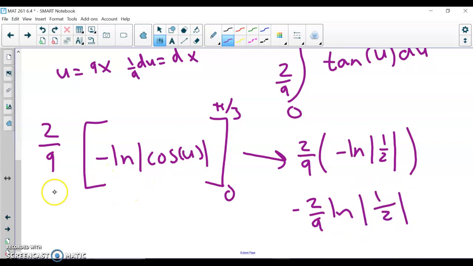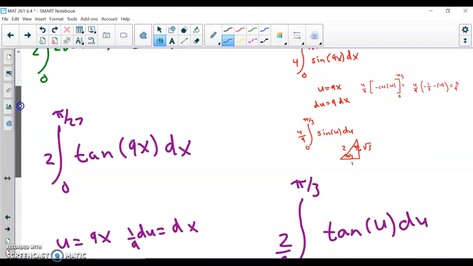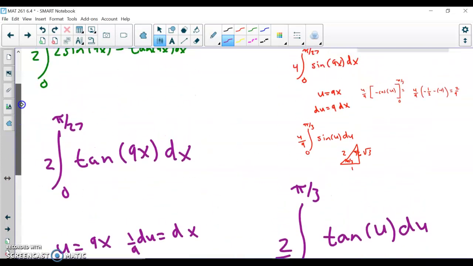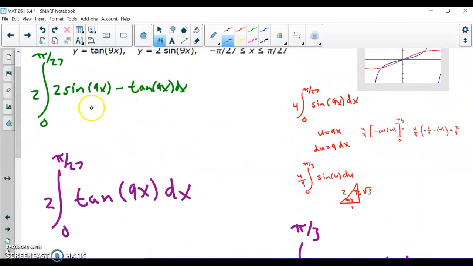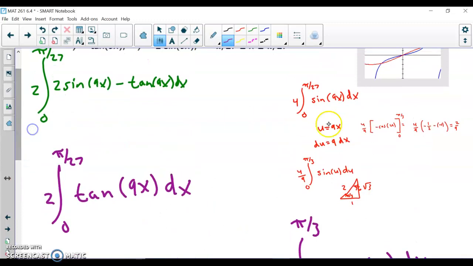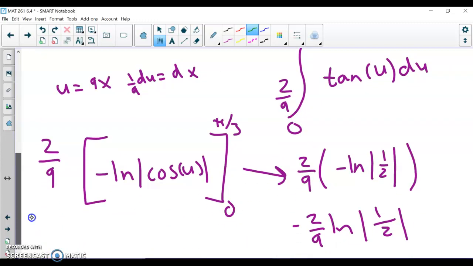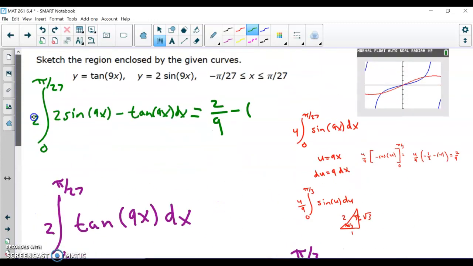Now, if you remember, this is the value we got when we just integrated that tan piece, right? And I did take out the 2. We have to subtract it, right? It really was being subtracted. So when we go to subtract these two values, when I did the sine, we got 2/9. So this should be equal to 2/9, and then minus, what we found was minus 2/9 natural log of a half.